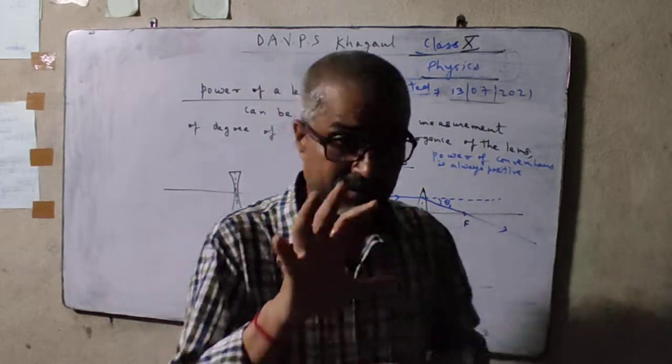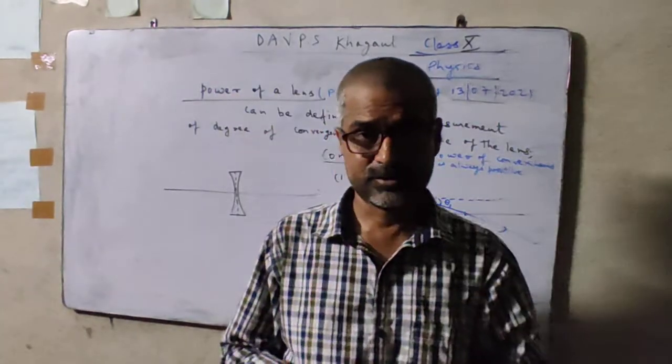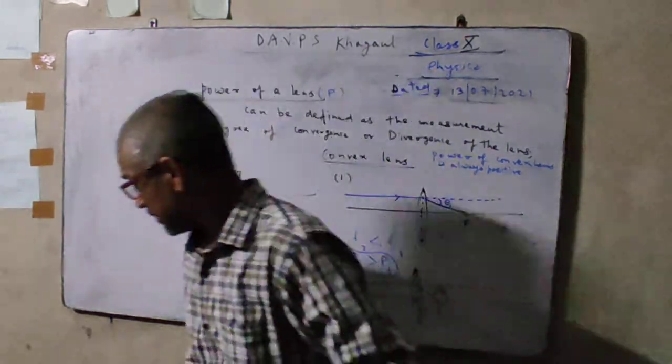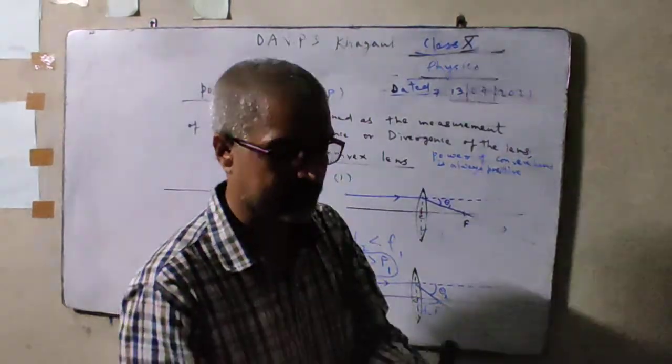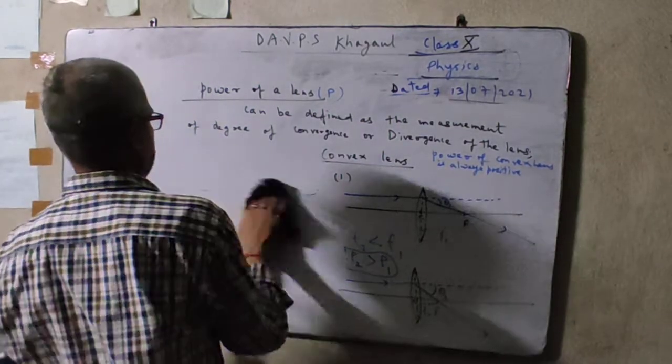When we call it another definition, it is the mathematical definition. Let me explain the mathematical part of the definition of power of lens.